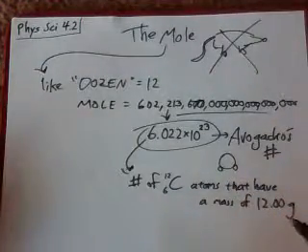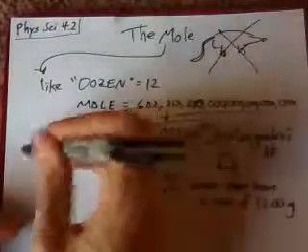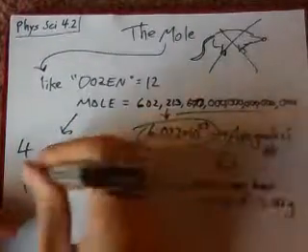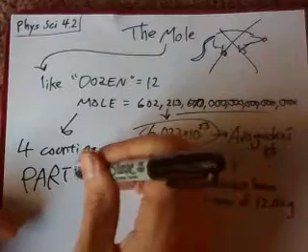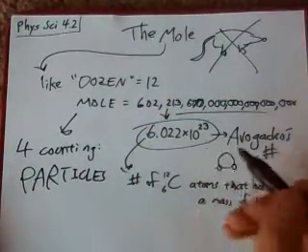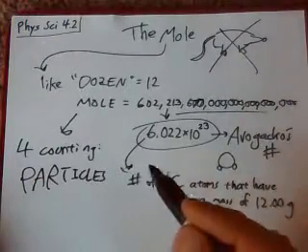Now, as chemists, what we do with the mole is we count. What do we count? Particles. Can you think of what we might be talking about when we call this mole the unit for counting particles?